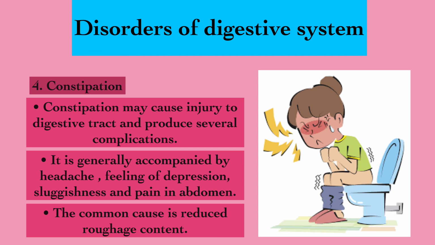It is generally accompanied by headache, feeling of depression, sluggishness and pain in the abdomen. The common cause is reduced roughage content in the diet. This is why a lot of roughage in the diet is advised to patients suffering from constipation, because roughage helps in clearing the dry and hardened feces.